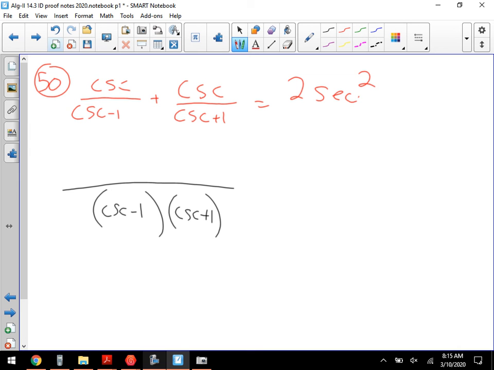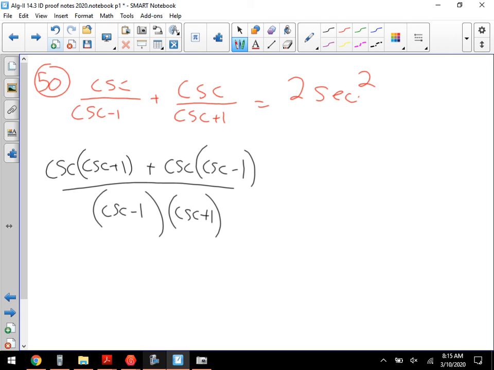All right. Fraction on the left needs cosecant plus 1. So I have cosecant times the quantity, cosecant plus 1. Fraction on the right needs the cosecant minus 1. So you have cosecant times cosecant minus 1. Distribute, take care of your stuff in the numerator, and then take care of the denominator.